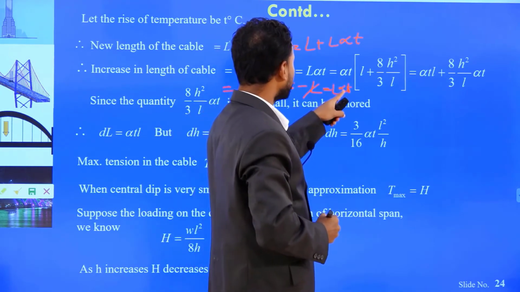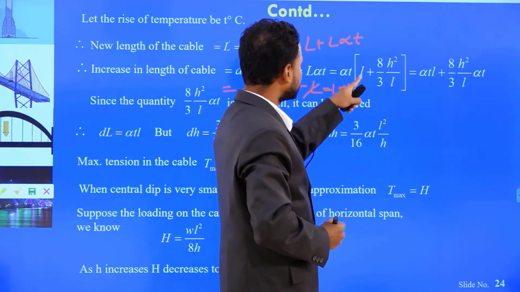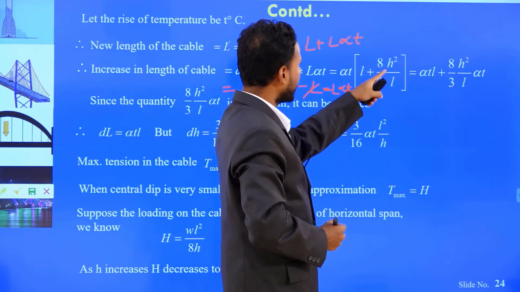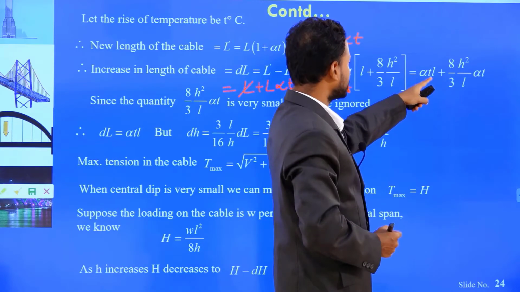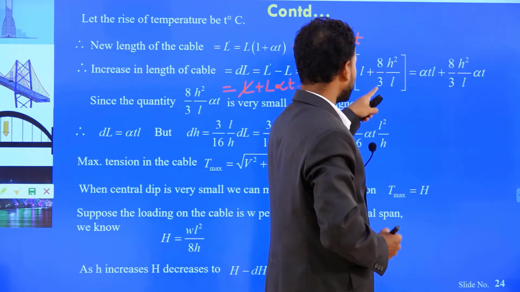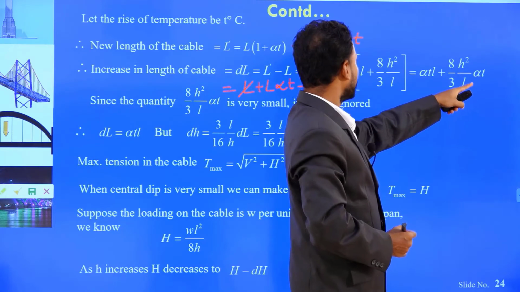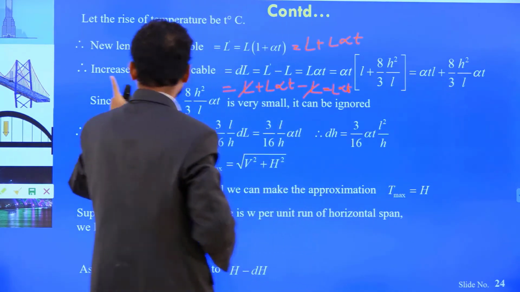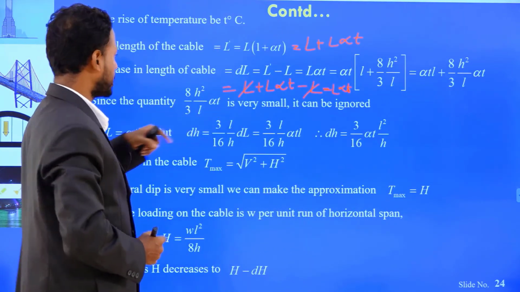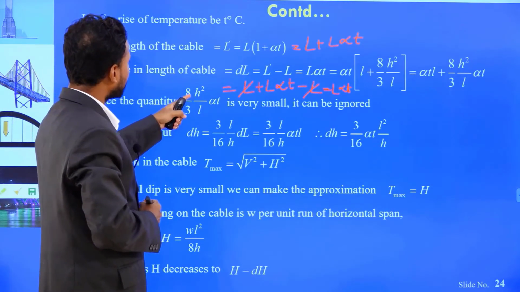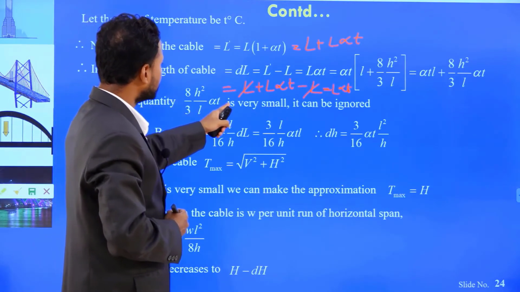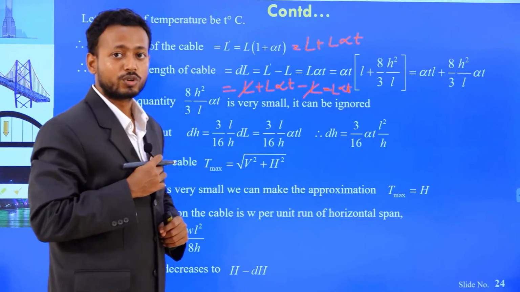So alpha T is written here and L is l plus 8 by 3 H square by l. So I get L alpha T means small l alpha T plus 8 by 3 H square by l into alpha T. So this is the increased length due to the temperature. Since the quantity 8 by 3 H square by l alpha T is very small, it can be ignored.